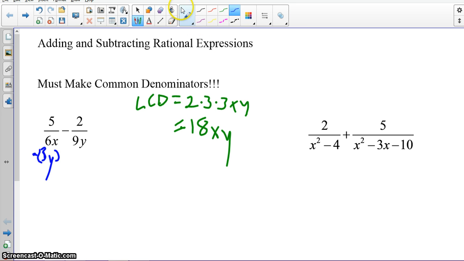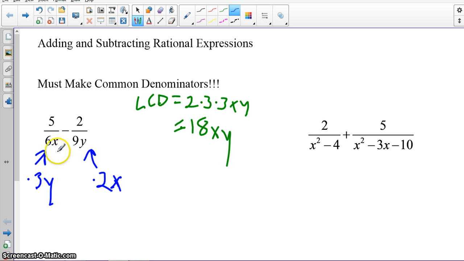We've got to multiply by 3y on this one. So 6x times 3y will give you 18xy. You're trying to build to that common denominator. This guy, to go from 9 to 18, we've got to multiply by 2. And to go from y to xy, we better multiply by x.